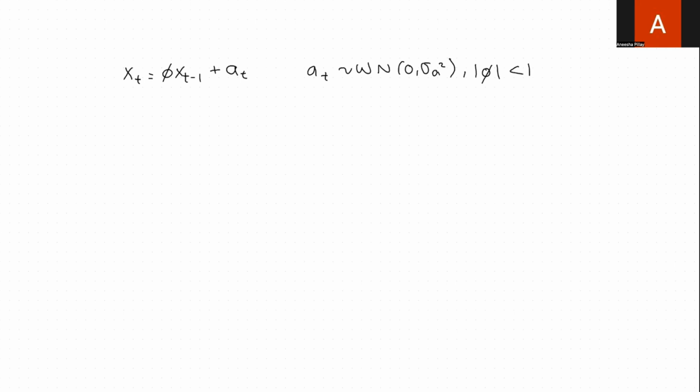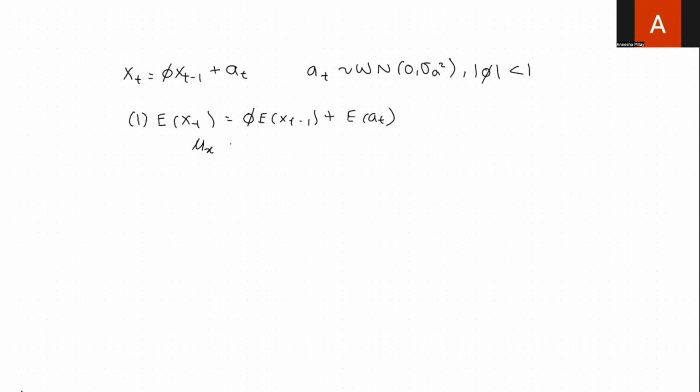So first, we need to look at the mean, E(x_t). This would become mu_x, a constant, right?